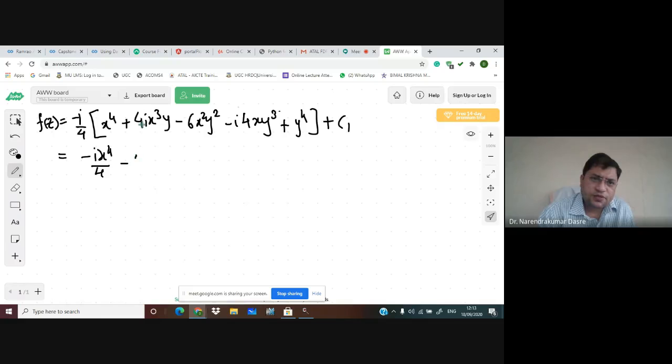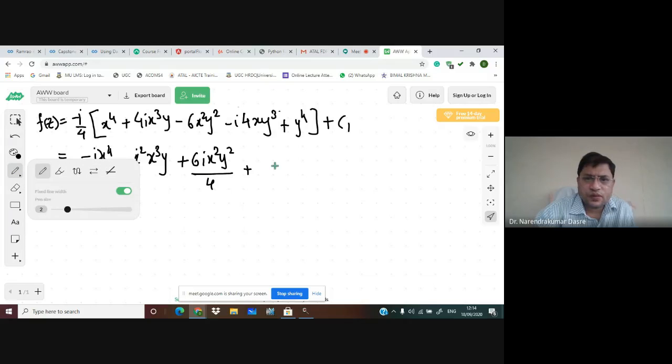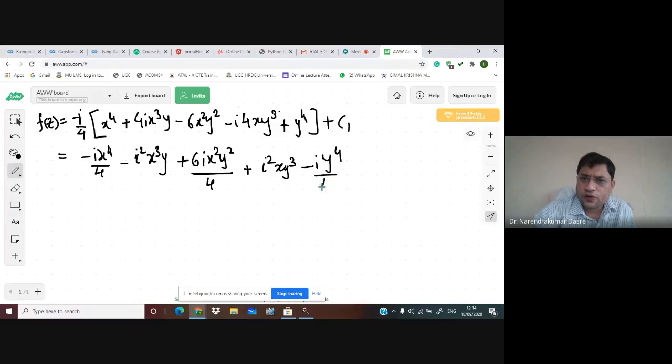Here I'll be having minus this 4 will get cancelled, i square x cube y minus minus plus 6i x square y square by 4. This minus and this minus will become plus, and we'll be having 4i square. This 4 and this 4 will get cancelled. So we can write directly i square xy cube. This time we have minus i y raised to 4 by 4 and plus c1. So this is f of z.